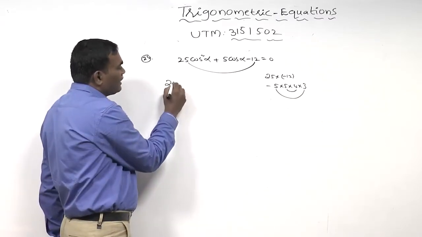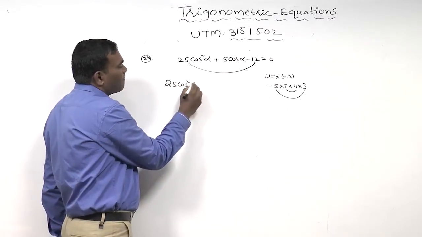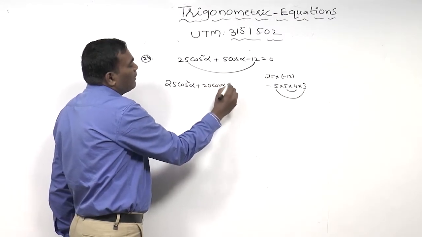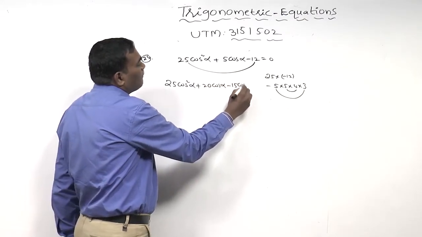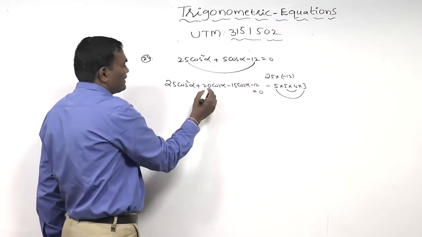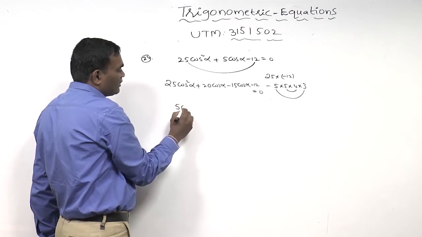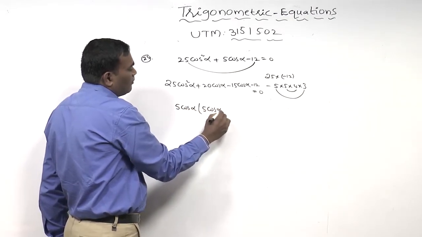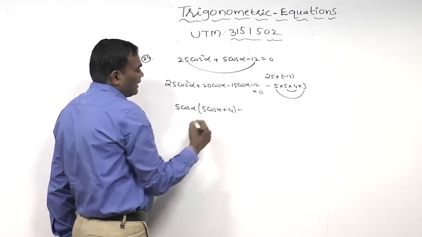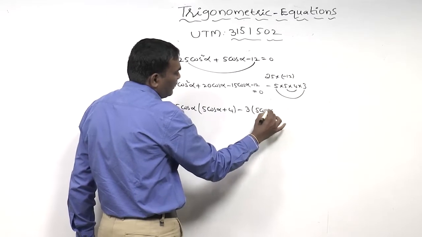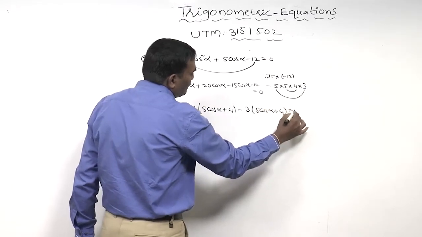So 25 cos square alpha plus 20 cos alpha minus 15 cos alpha minus 12 is equal to 0. Take 5 cos alpha common: 5 cos alpha plus 4, minus 3 common, 5 cos alpha plus 4 is equal to 0.